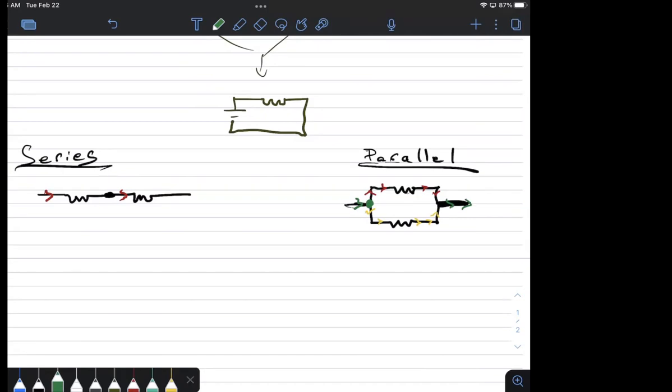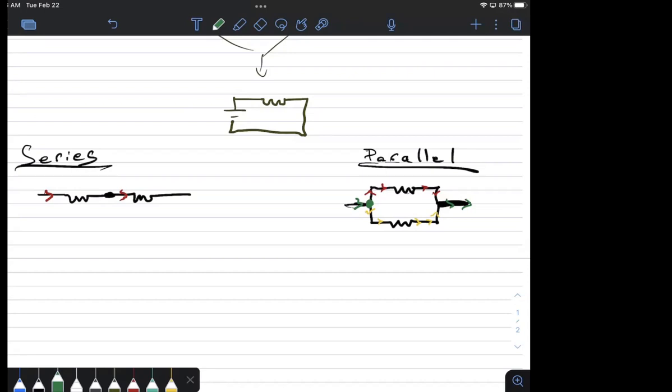If the electron went to the top path, then it's going to skip the bottom path. And of course, if it went to the bottom path, it skips the top. So for parallel, there will be some choice for the electron to make about which direction it'll flow, and it will only hit one or the other of the resistors.